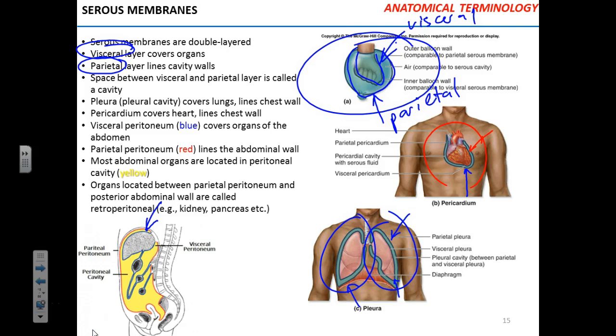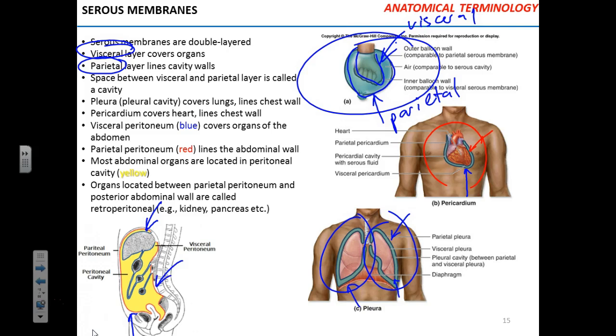Most organs in the abdomen are covered by peritoneum, okay? And of course, parietal peritoneum, which is red on this picture, okay, is covering the surface of the peritoneal cavity.